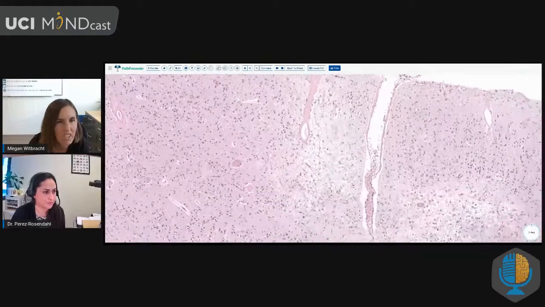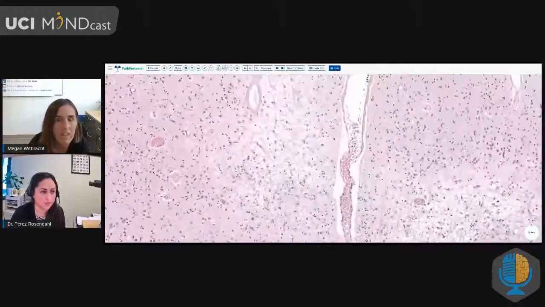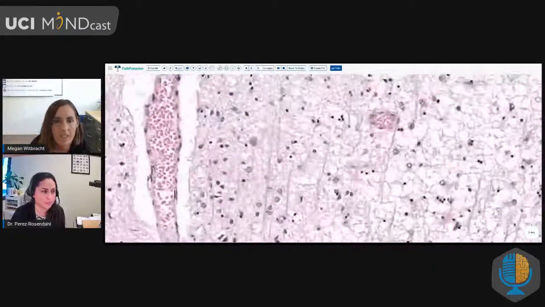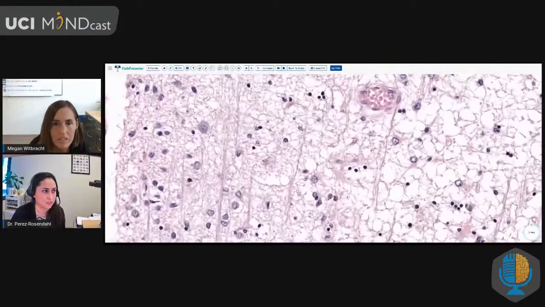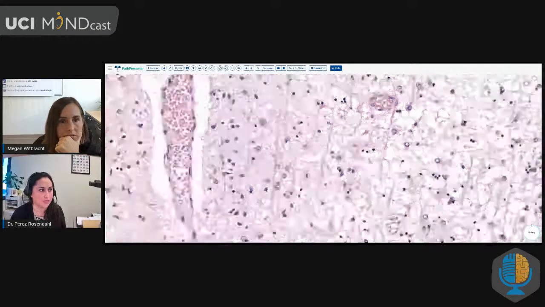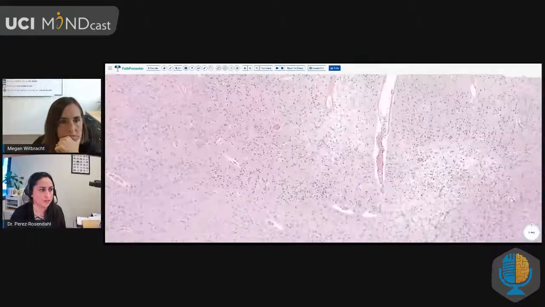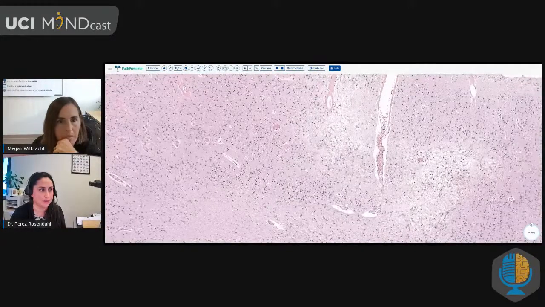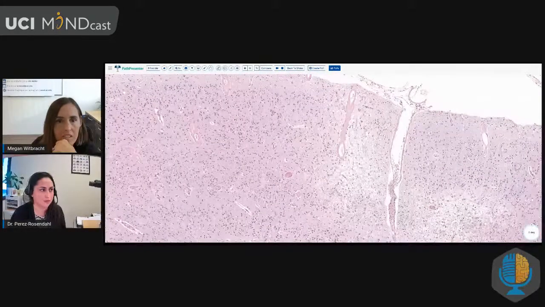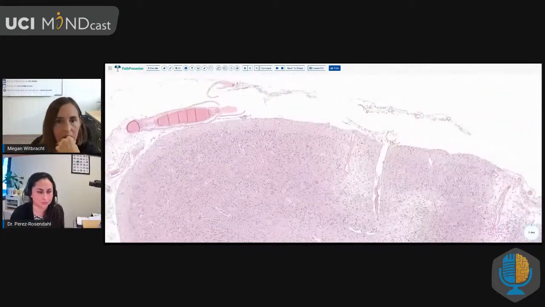Is that a stroke? It's a small stroke. Exactly. So you've had tissue loss here, and you can actually start to make out an axon here. You should never be able to see individual axons. Usually your neuropil is so packed that it just looks like that homogeneous pink. And so that's how we know, even when we look at low power, you'll see, oh, there's a really pale area here. And then there's another really pale area here. So these are microinfarcts.